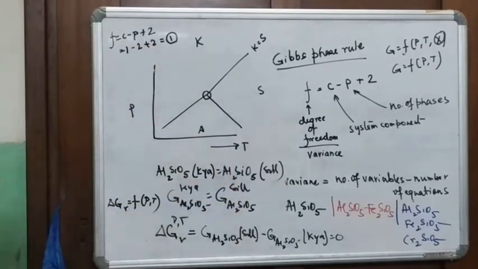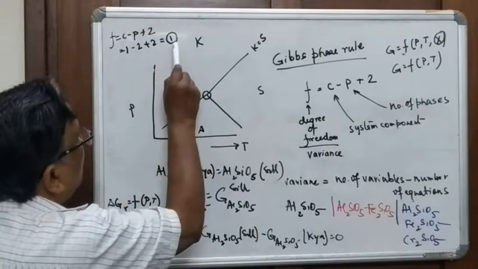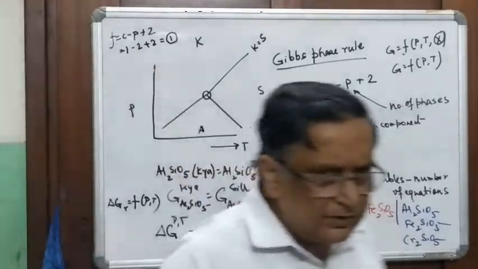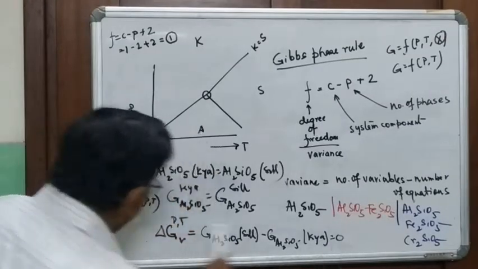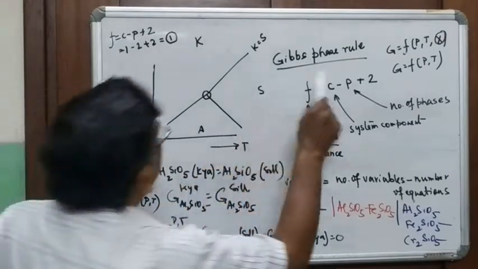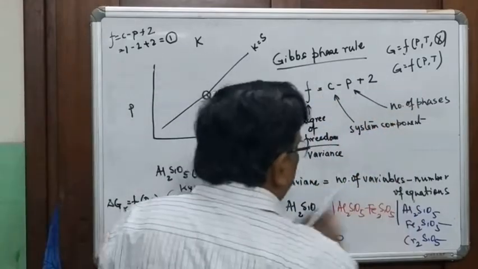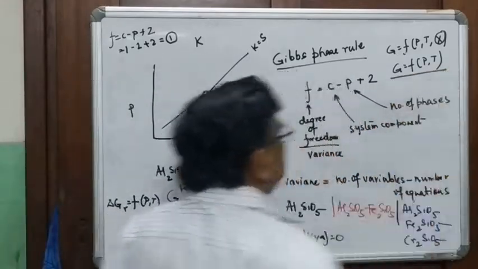So it means that delta Gr of P, T is equal to 0. That means G is a function of pressure and temperature, as I told you.